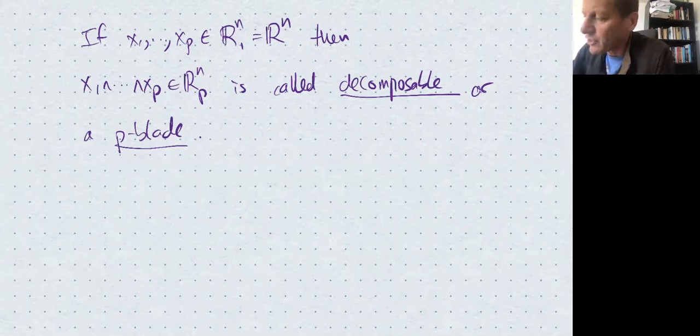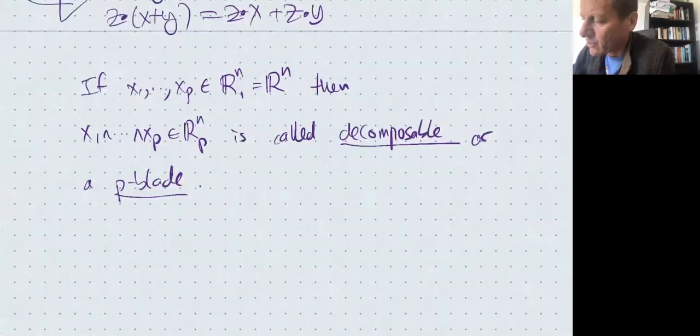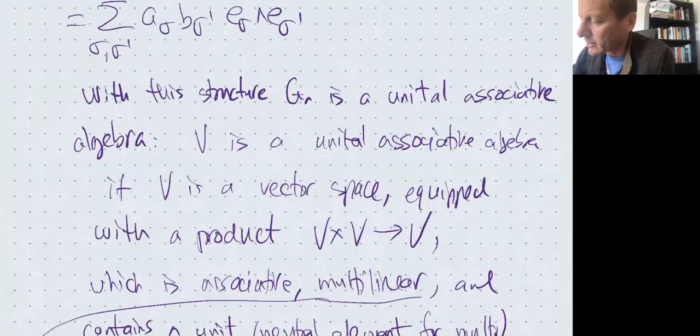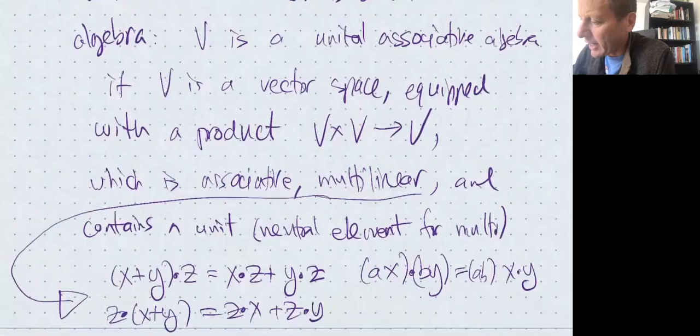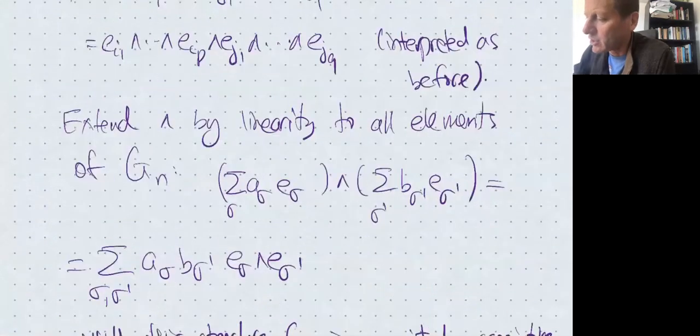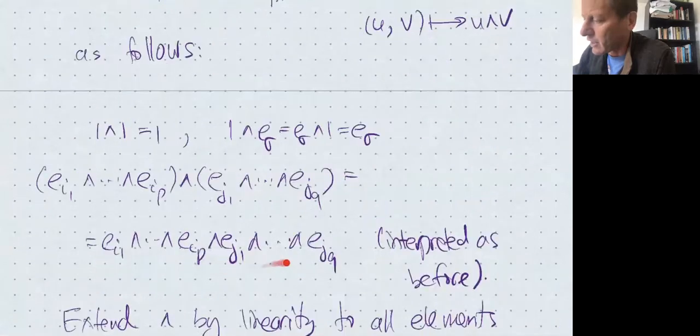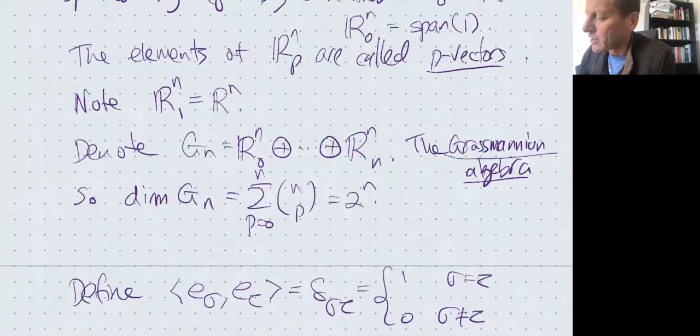So let's think about this definition for a moment. We have this product structure, and this is our definition of the Grassmann algebra. The product takes elements in lower dimensions, lower p-vectors.